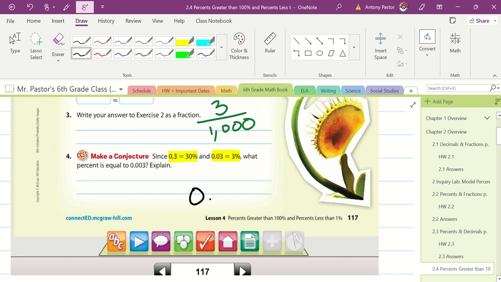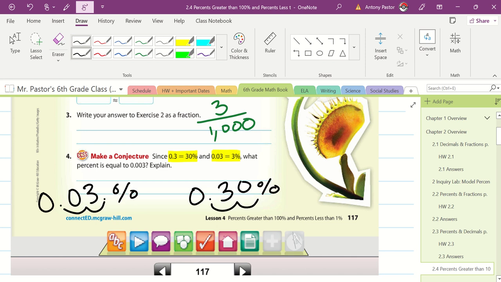Now, this is very important. When we wrote this as a percentage, it wanted us to jump the decimal 2 times, then add a percent. So 0.3 became 30%. 0.03 would also jump 2 times, then add a percent. These zeros would go away, and that would be 3%.